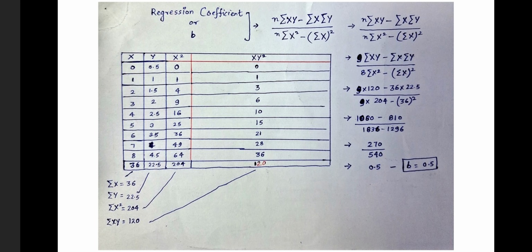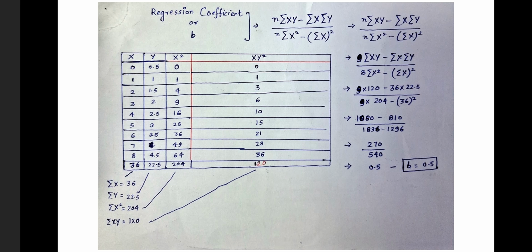So we need 4 items to solve for this regression coefficient: the sum total of x, the sum total of y, the sum total of x squared, and the sum total of xy. When we put these values in our formula, we will find the regression coefficient, which is 0.5. 0.5 means the rate of change in y when x changes is 0.5.